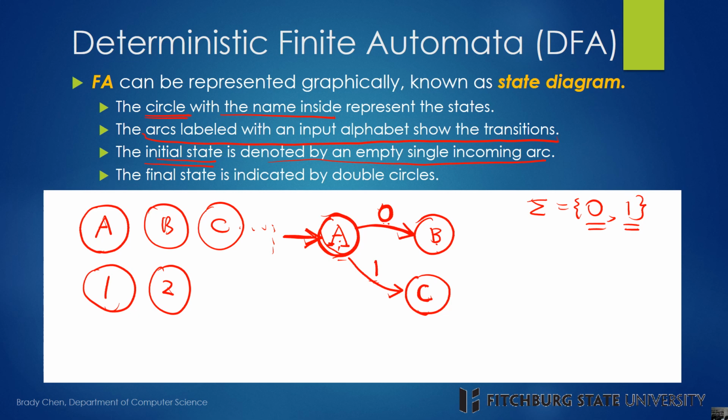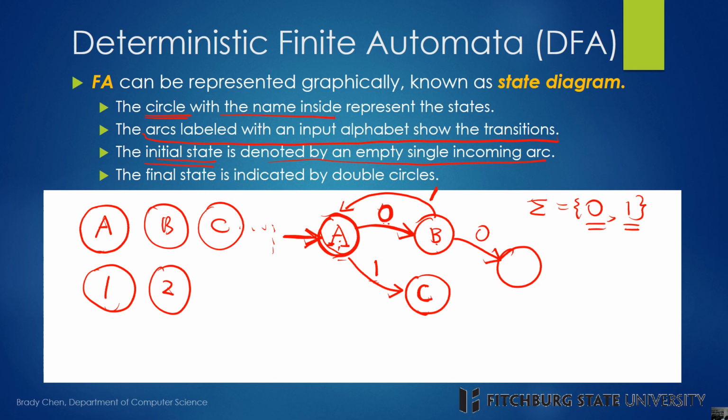So let's say we define the finite automata. B combined with 0 goes to D, and B combined with 1 goes back to A. That's totally legitimate.